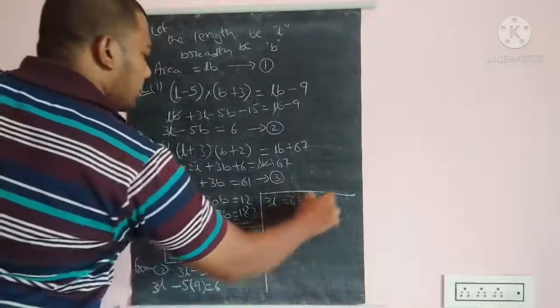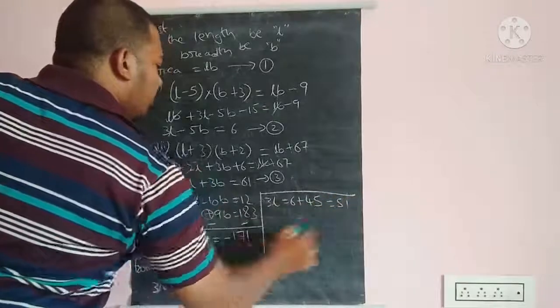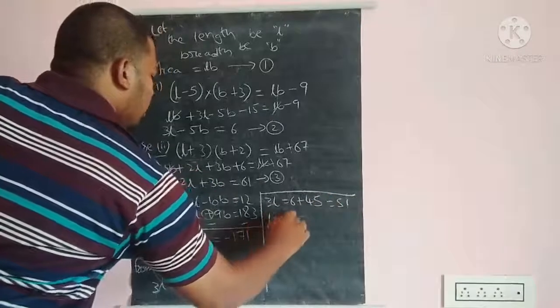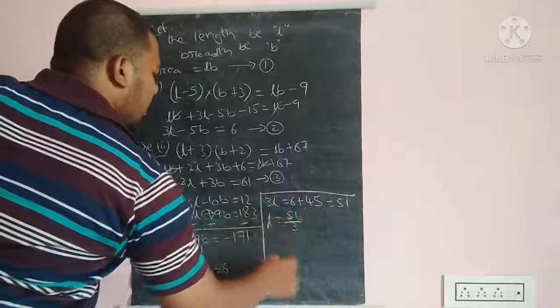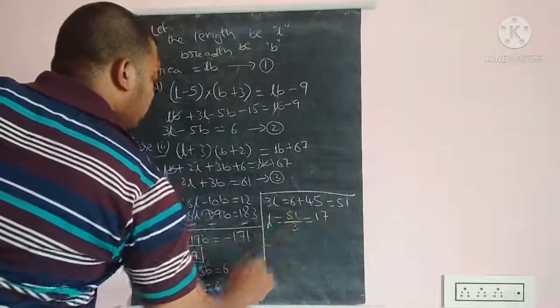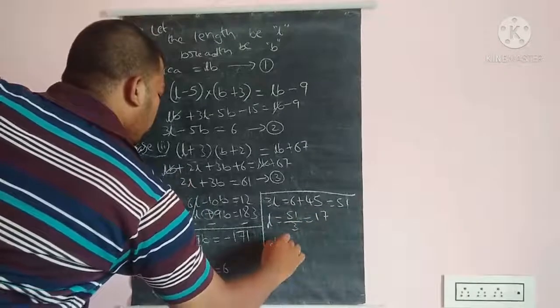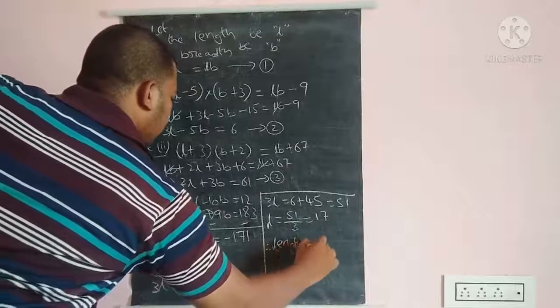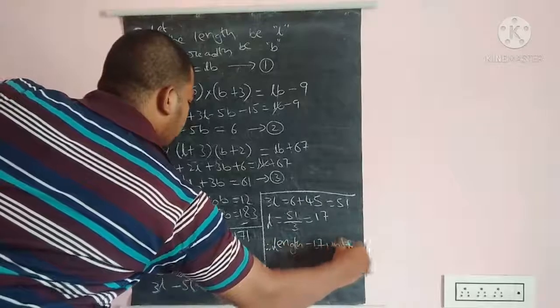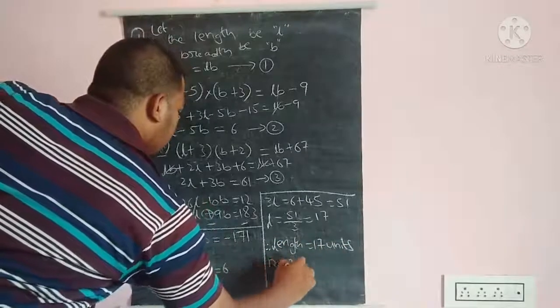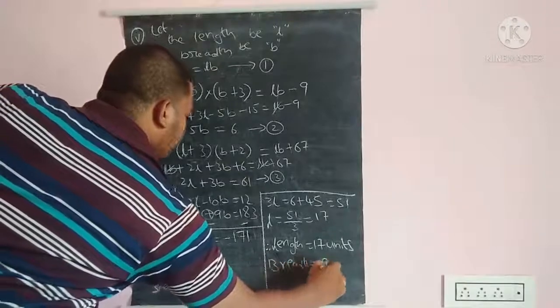Transposing it becomes plus. So that is equal to 51. So L is equal to 51 by 3 equals 17. Therefore length is equal to 17 units. Breadth is equal to 9 units.